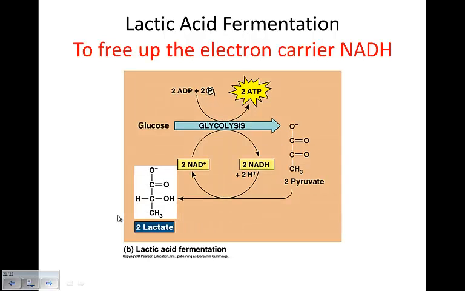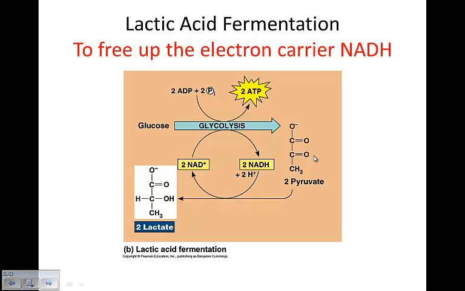Now the other type of fermentation is lactic acid fermentation. Same kind of process. We're going glucose, pyruvate, but now we're going to lactate. And you can see in lactic acid fermentation, again, ATPs are being produced from the process of glycolysis, but we're not having any of the Krebs or electron transport. And so now pyruvates are being converted to lactate instead.